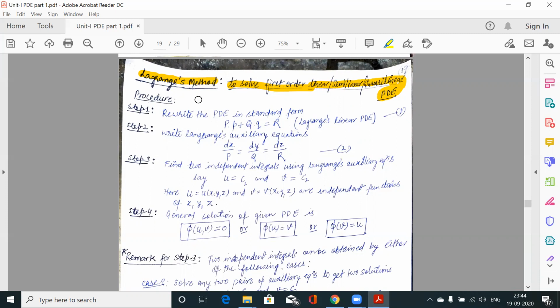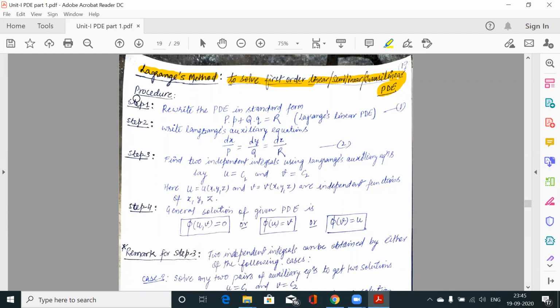And what is the method? The procedure is as follows. This is a step-by-step procedure to solve first order linear, semi-linear, Cauchy linear PDE. Step 1 in the process is to rewrite the given PDE in the standard form.